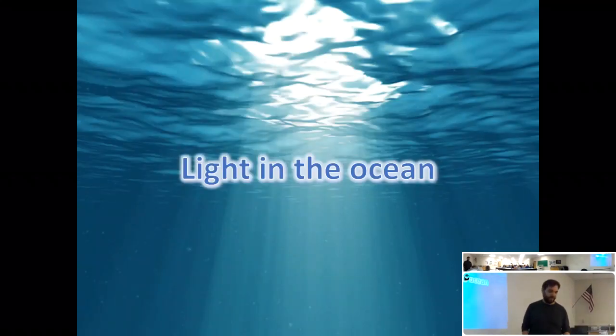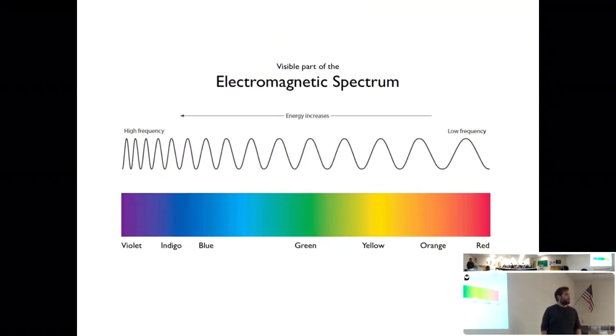It's the next part. All right, so light, remember that light is a wave. Do y'all remember this little guy, the electromagnetic spectrum? The electromagnetic spectrum gives the spectrum of light waves, okay?